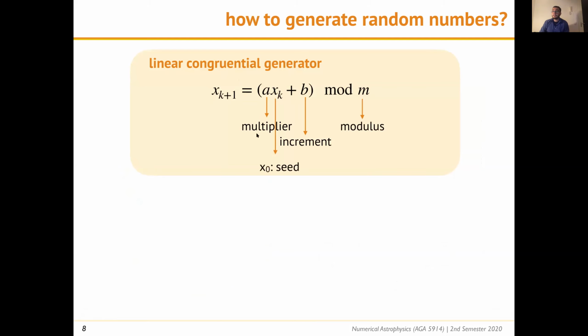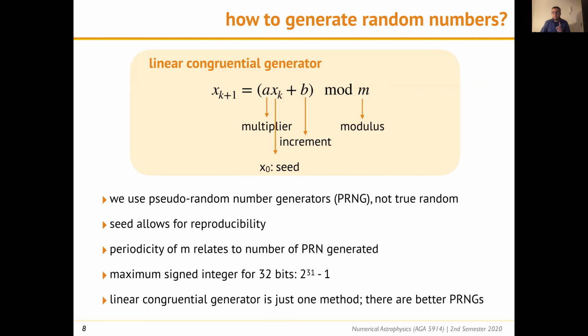And x_0 is the seed, the first one used to generate the whole chain of random numbers. So we have an algorithm to generate these random numbers. Therefore, because there is an algorithm behind it, the numbers are not truly random. We call it a pseudo-random number generator. It's not truly random.